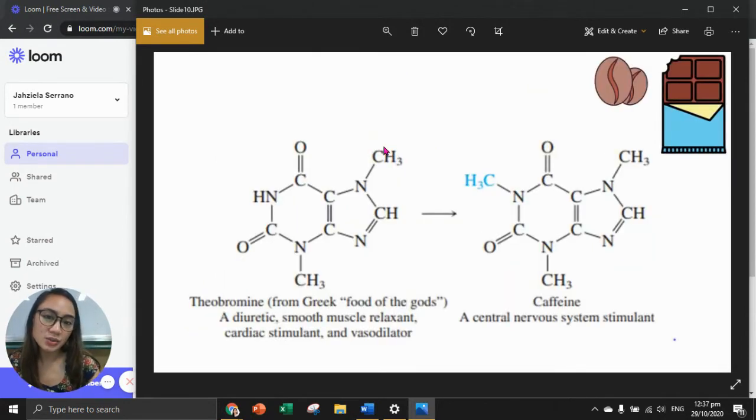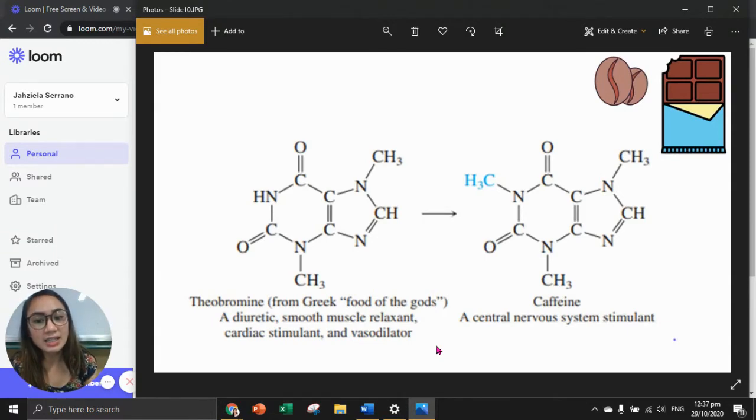Bakit kaya, no? So there's this chemical substance called theobromine. From the Greek word food of the gods, it's a diuretic, smooth muscle relaxant. So ibig sabihin nire-relax niya yung muscle mo. Parang 'di ba pag kumain ka ng chocolate, parang meron kang feel good na nararamdaman. Parang it releases stress.